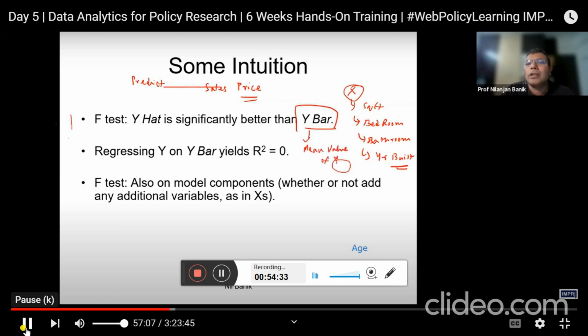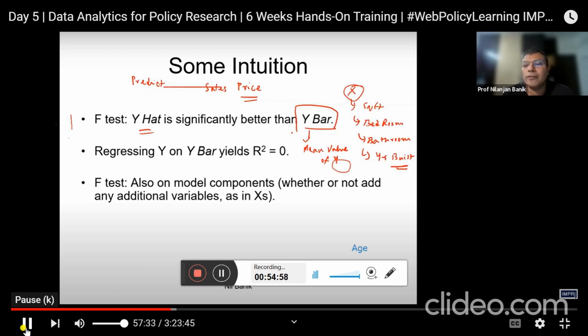But whether the mean value, y bar, or y hat, again, what is y bar? Y bar is the average sales price. If I'm collecting data on 51 observations, y bar is the average price I'm getting. Whether y bar or y hat is better is something that the F statistic is going to help us understand.